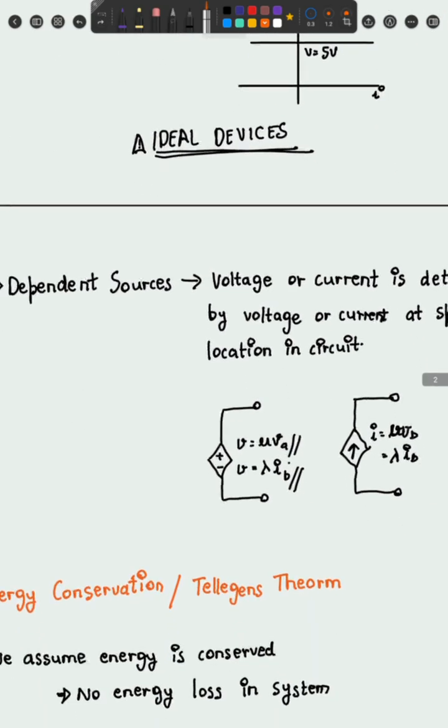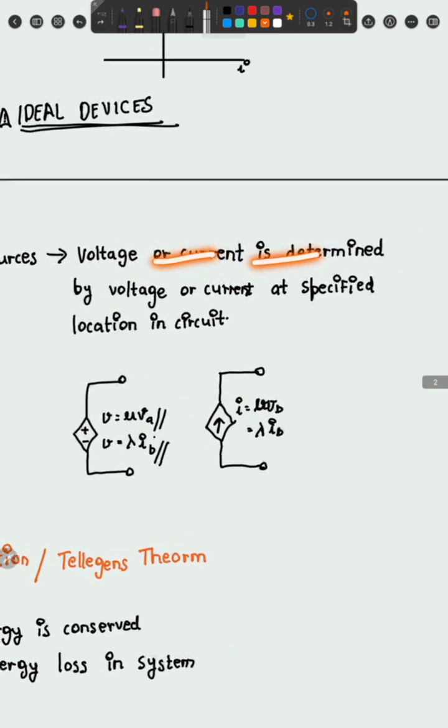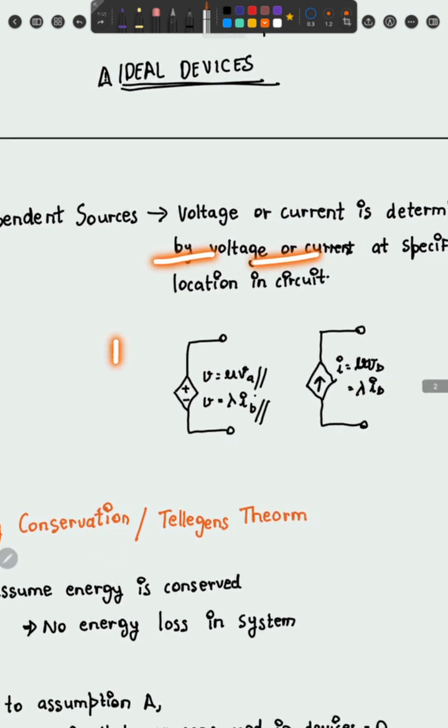So next is the dependent source. For dependent sources, you have a dependent voltage source and a dependent current source. Let's say there's a current IA somewhere in the circuit, and this voltage is dependent on this current. Or sometimes you have an element with plus or minus V, and the voltage of your source is dependent on this voltage. Similarly for current. Why is this important?